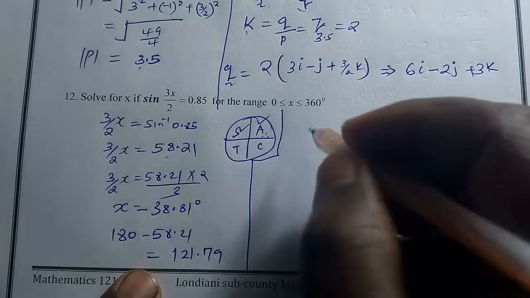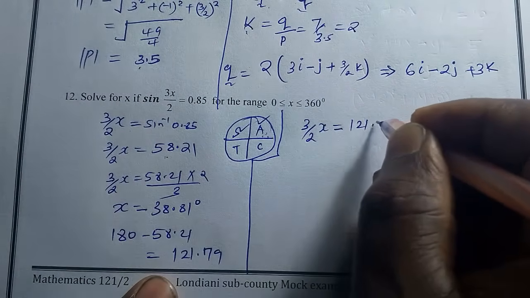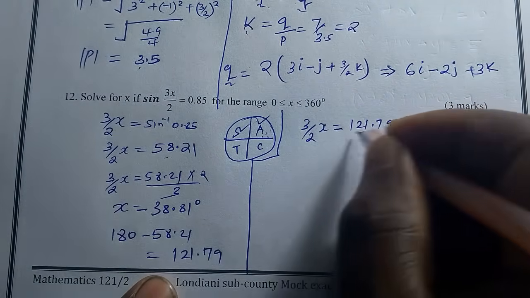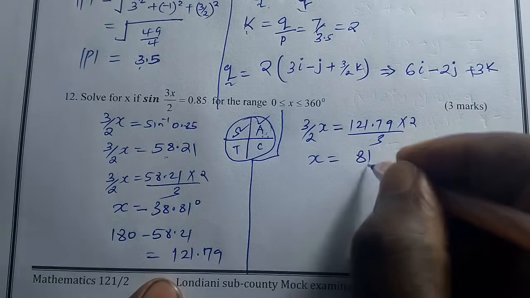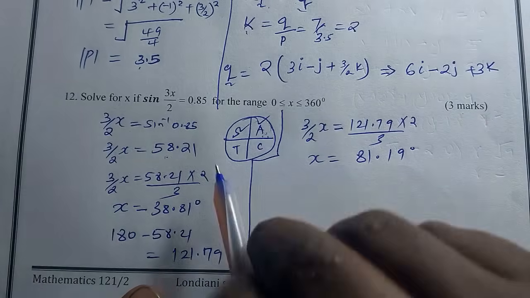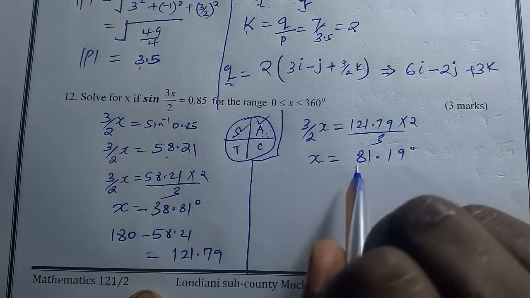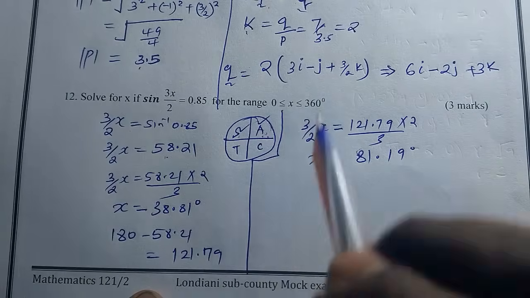So we say 3 over 2x equals 121.79. So times 2 divided by 3 will give us x, and that is 81.19 degrees. So we have finished here, but we see the range was up to 360, so we need to go on.